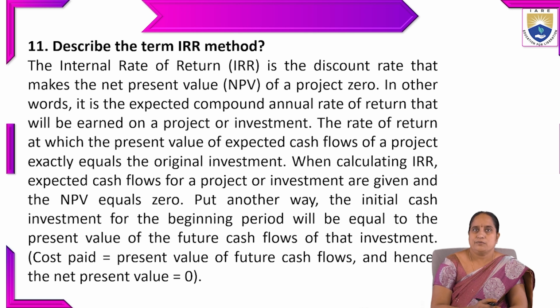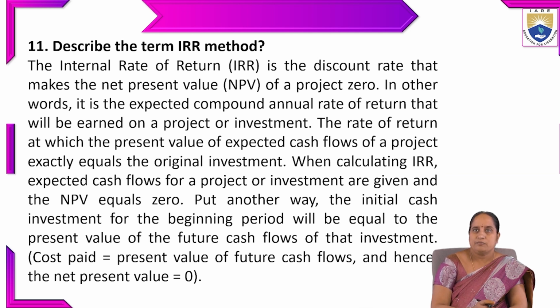It is the rate of return at which the present value of expected cash flows of a project exactly equals the original investment. So, when calculating IRR, expected cash flows for a project or investment are given and the NPV equals 0.